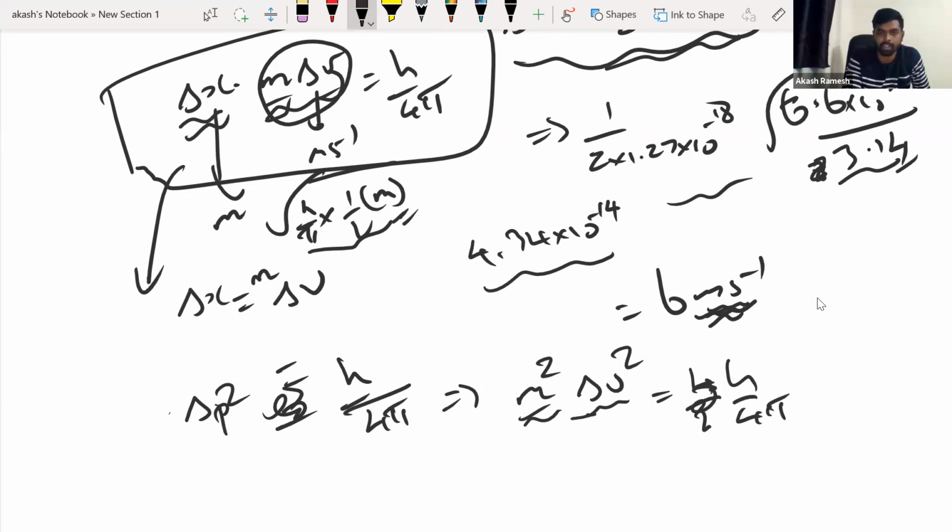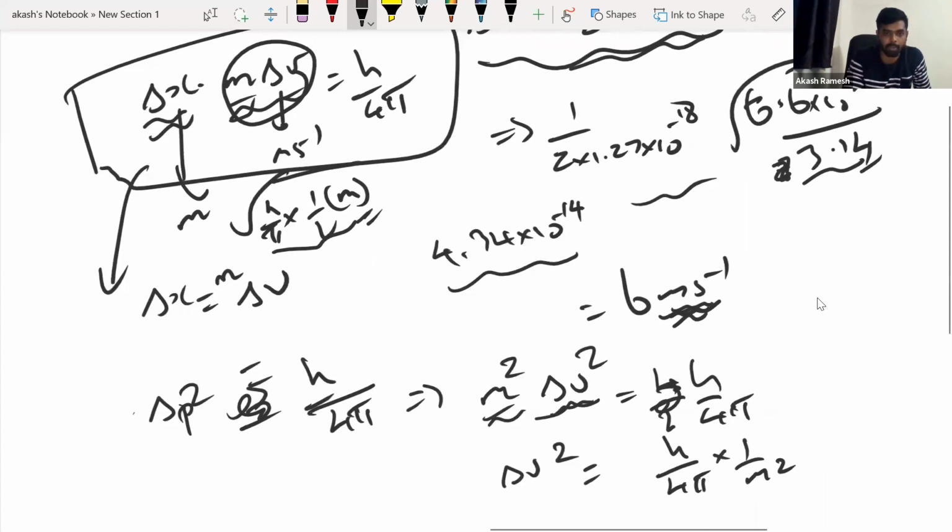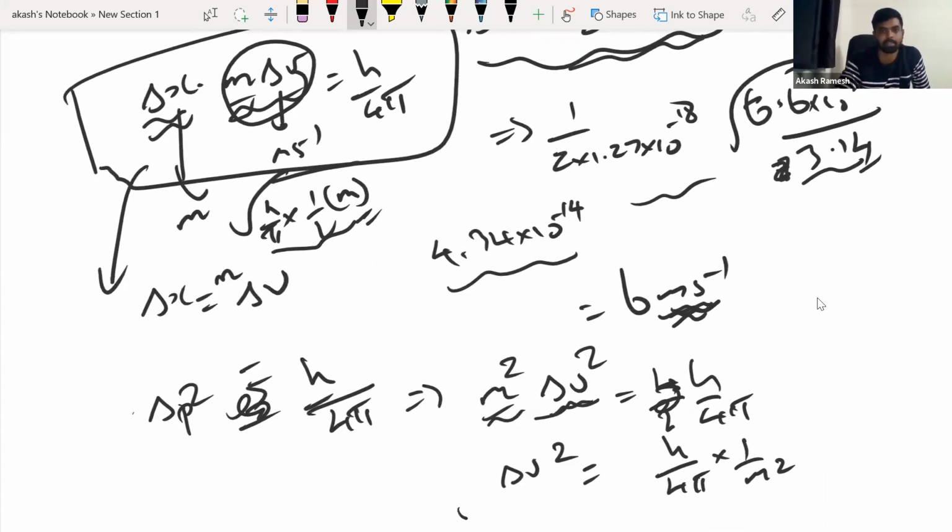Right. Now all we need is only delta v. So delta v squared, I can write as h by 4 pi into 1 by m squared. Now if I take root on both sides, because I don't want this square, you will end up with this.